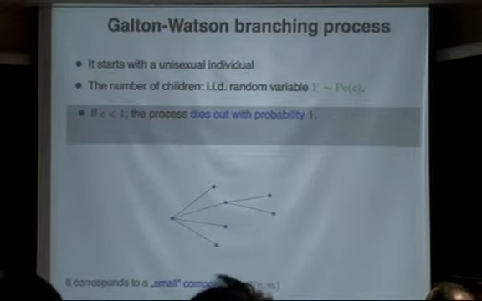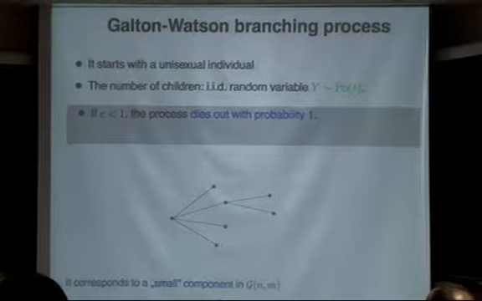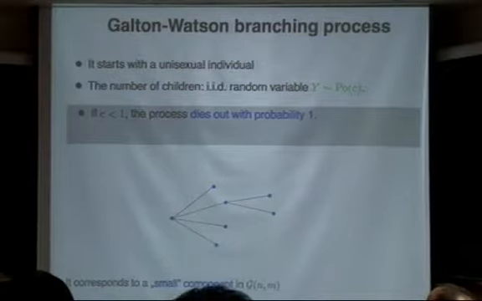Here one should be a little bit careful, because in the graph, when we explore neighbors, we should not explore the already explored vertices. On the other hand, in the Galton-Watson branching process, all the vertices are fresh, newly born. So you have to fiddle around to really prove that this is indeed the case for the small component in G(n,m), but it can be done.